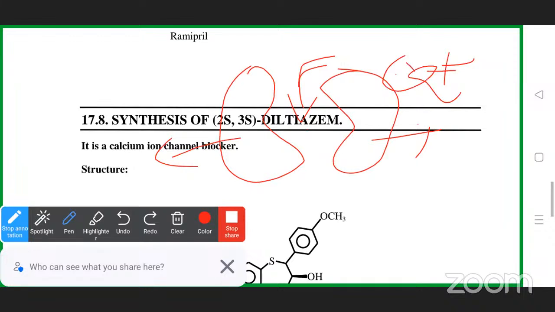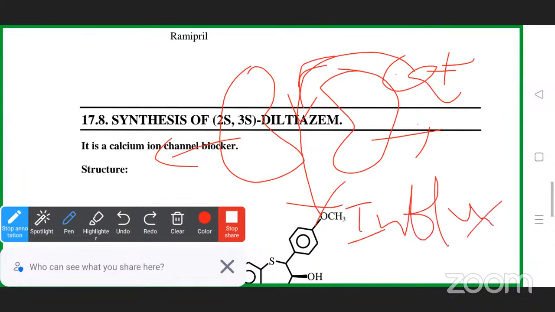So they will allow these nutrients through, and when the required concentration of calcium ions or potassium ions has entered through this, we call this the influx. Okay, influx of the calcium ion, right?